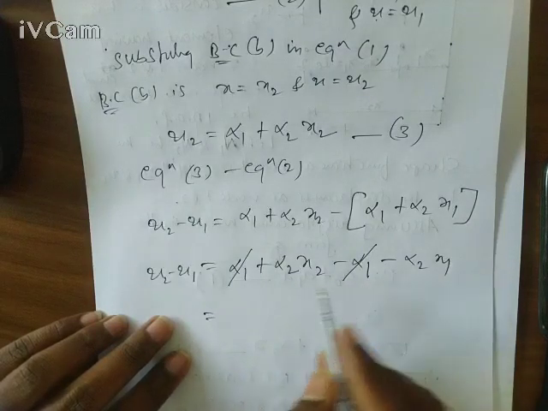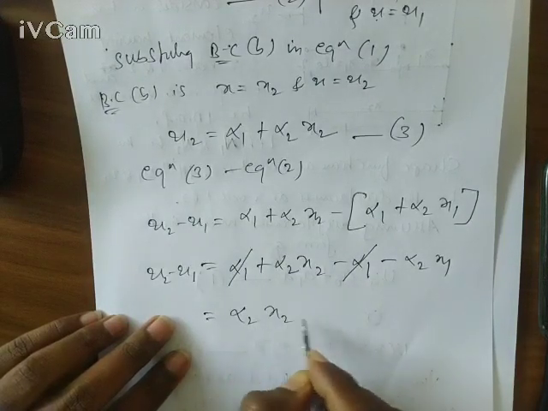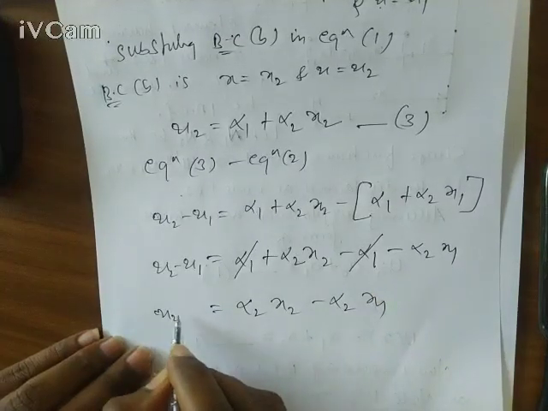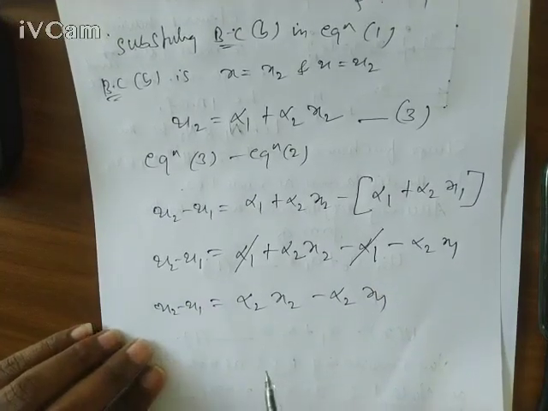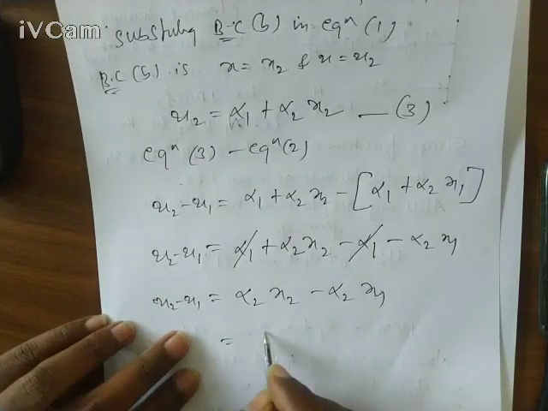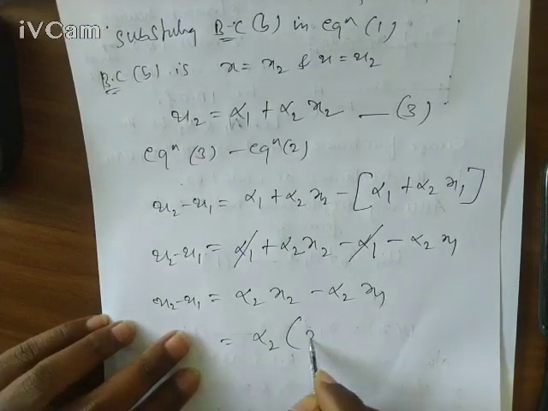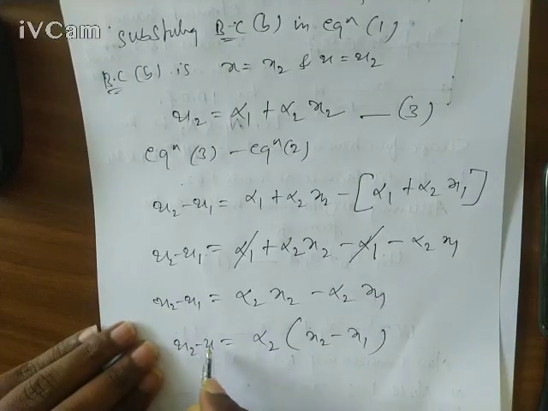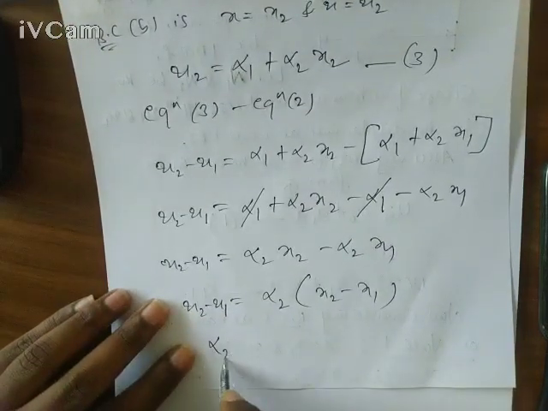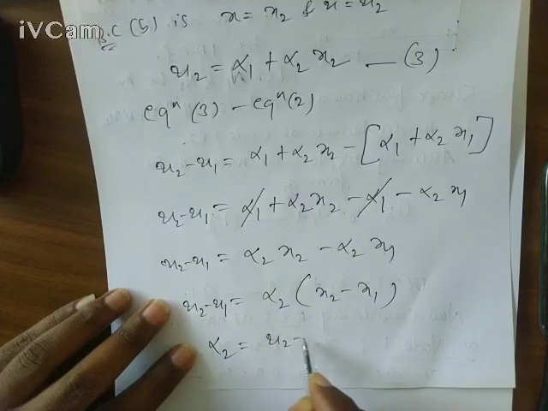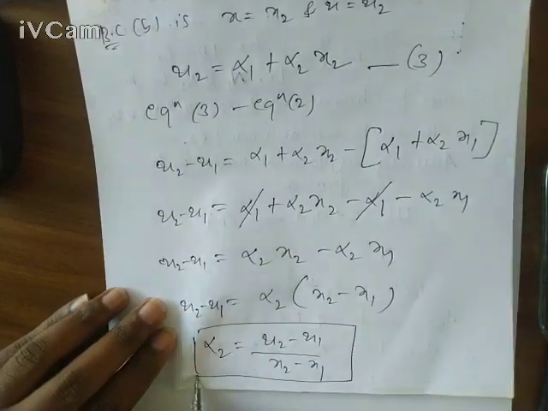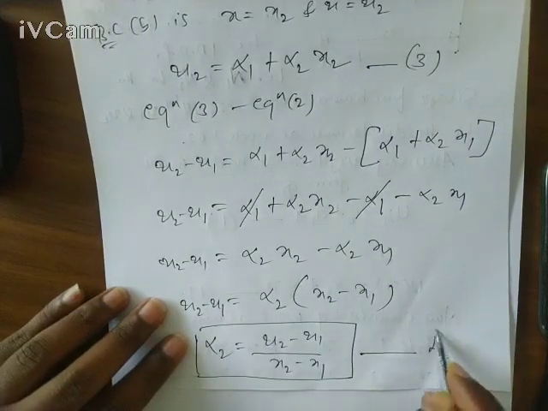So in this equation, alpha 2 x2 minus alpha 2 x1 equals u2 minus u1. I am going to take alpha 2 as common, so x2 minus x1, and the LHS will be as it is, u2 minus u1. So what is the alpha 2 value? u2 minus u1 divided by x2 minus x1. Now I have got the first constant value, so I am going to call this equation 4.